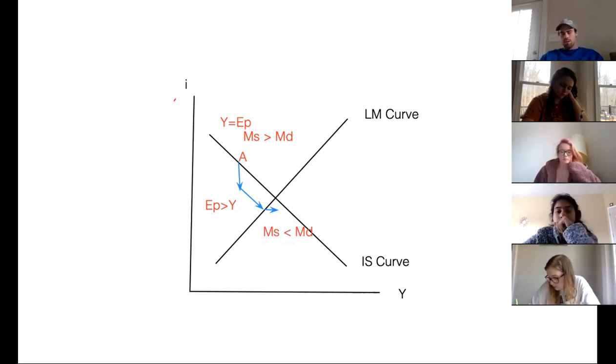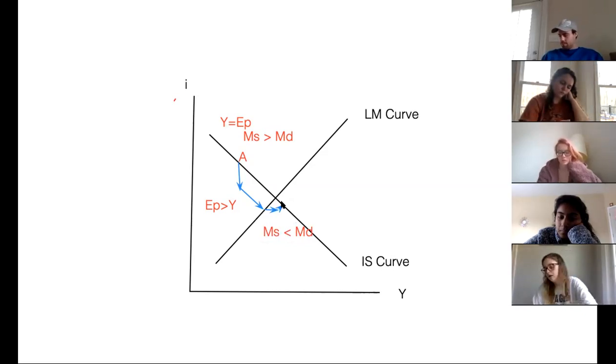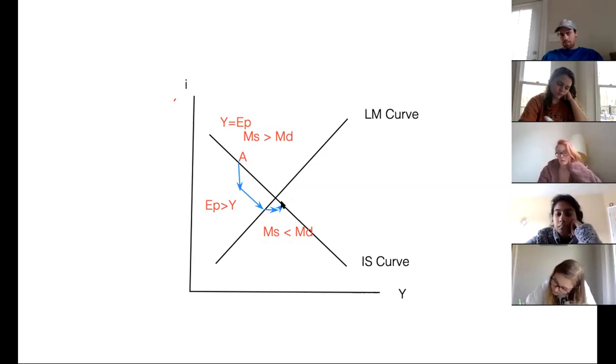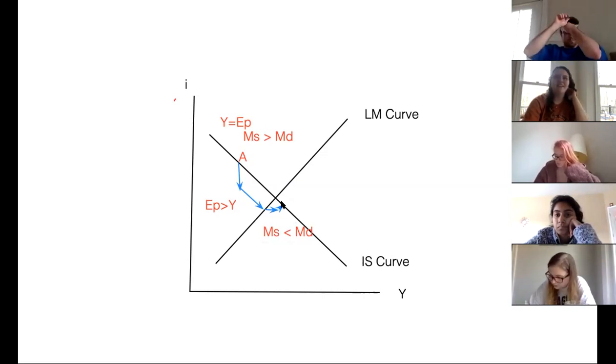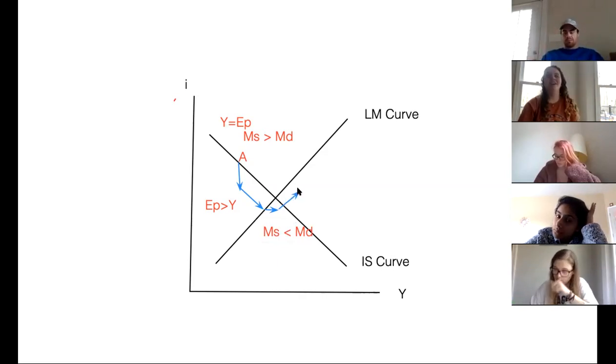Instead, we're going to be heading to the northeast. Really soon thereafter, we bump into the IS curve, which is good because that means Y equals EP again. But let's suppose we have enough forward momentum to push us over here. That's quite possible.